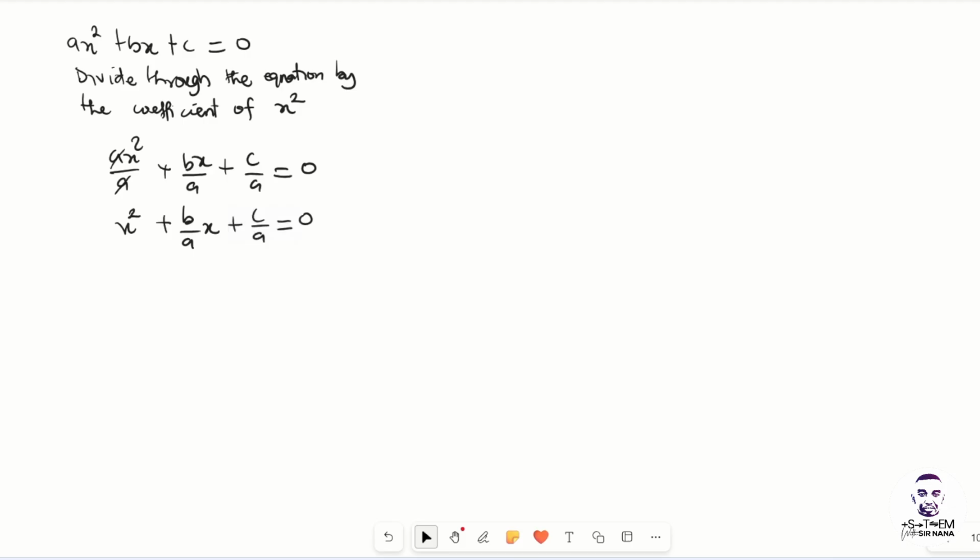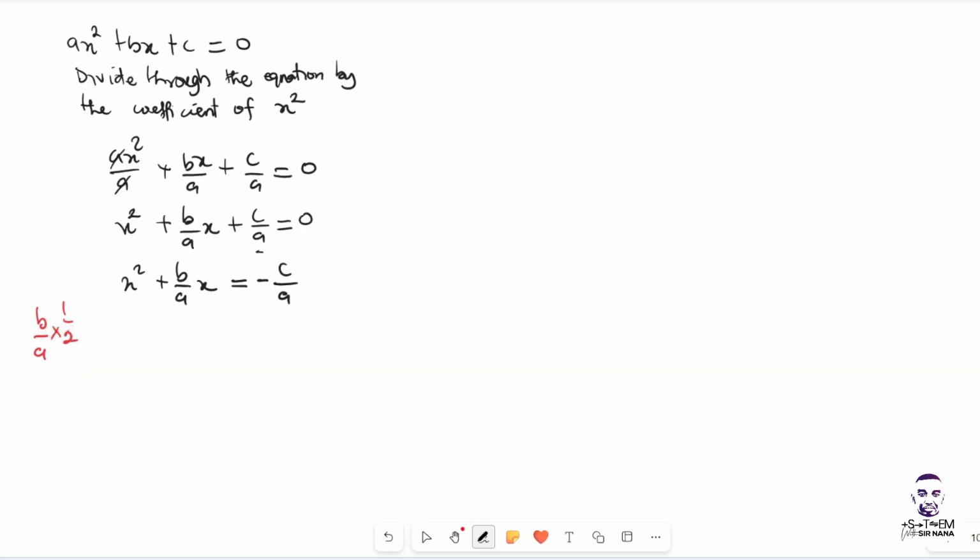Then, once we've done this, we must move the constant across the equal sign. We know the constant is c over a. So we are going to have x squared plus b all over a x is equal to negative c all over a. Then the next step, which is very crucial, is to take the coefficient of x, which is b all over a, and multiply by half.